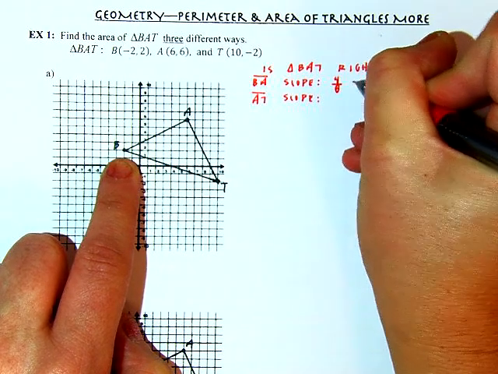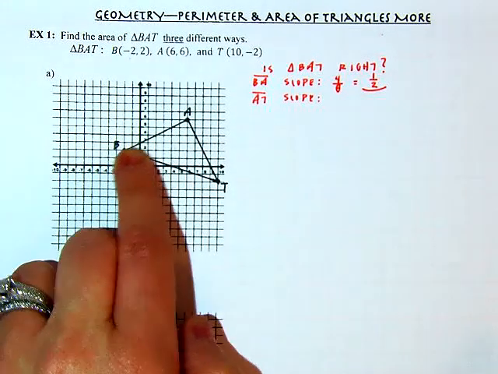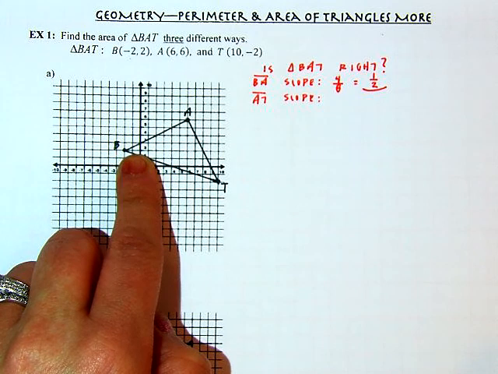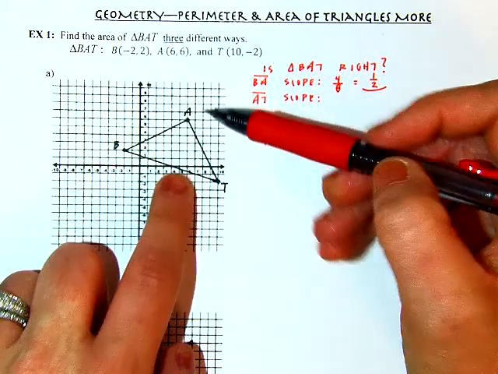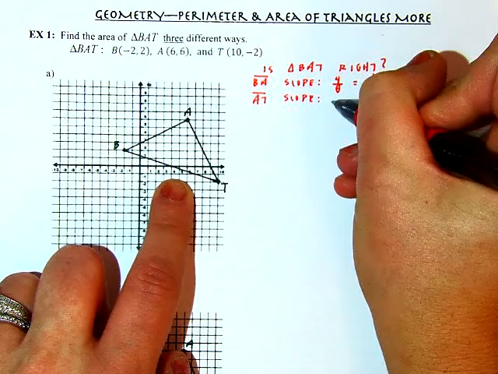And when I reduce that, that's a 1:2 ratio. So the slope here of BA is 1/2.